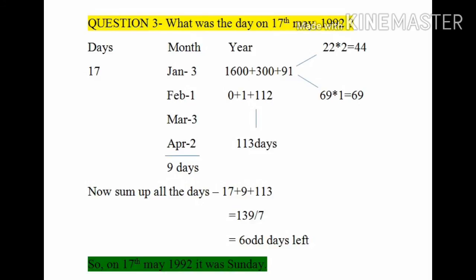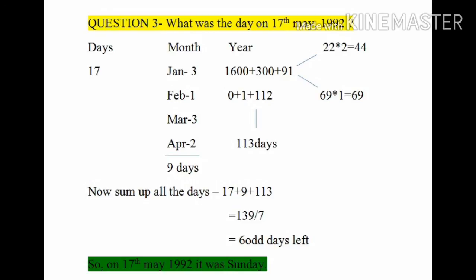300 gives us 1 odd day and 91 is divided into 2 parts in which we get 22 leap years and 69 non-leap years. 22 leap years is multiplied by 2 which gives us 44 odd days, and 69 non-leap years is multiplied by 1 which gives us 69 odd days.